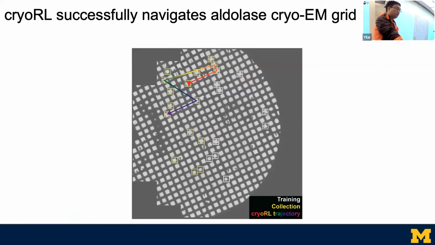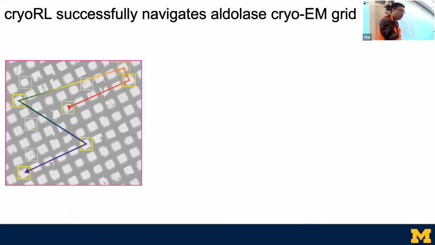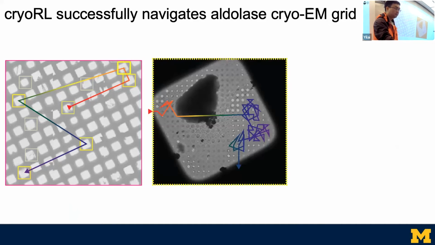It didn't really select a lot of squares. When we zoom in on the trajectory, we can see it only visited 1, 2, 3, 4, 5, 6 different squares, and we can zoom in on these squares to see what's really happening inside.